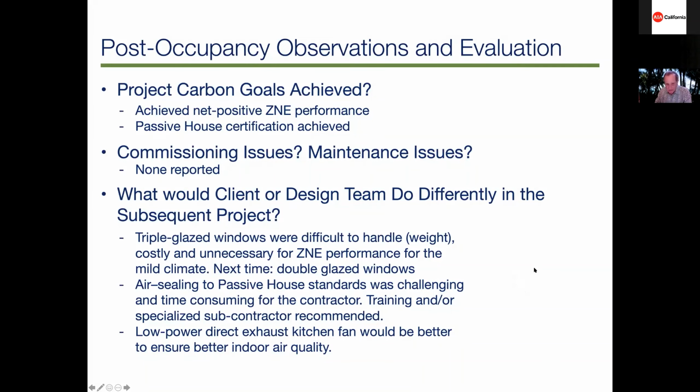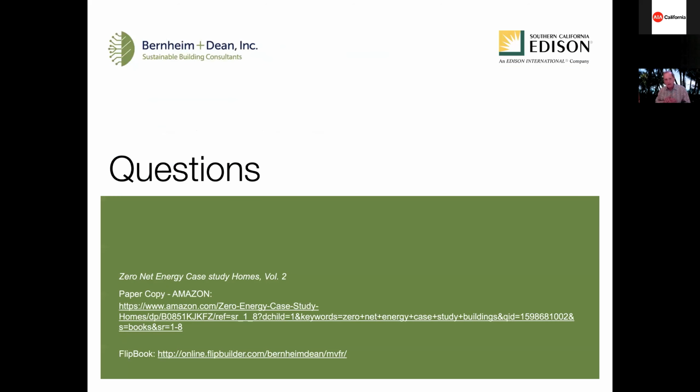I think that's it. You can read more detail on these projects and also the two others that I mentioned in volume 2, the picture we showed on the first slide. You can get a free copy or look at a free copy at this place online. I'm sure once the recording of this slide presentation is made, you can get the complicated online URL.